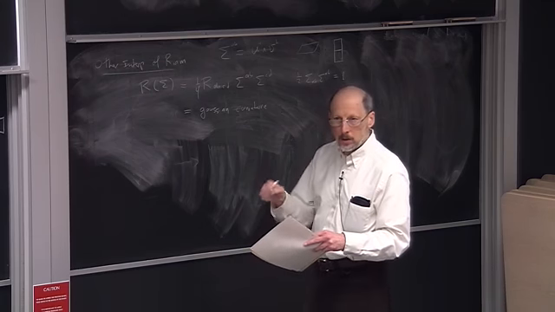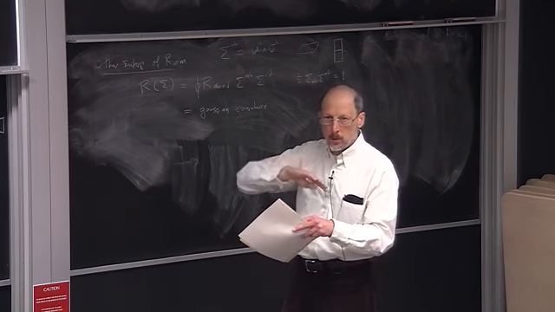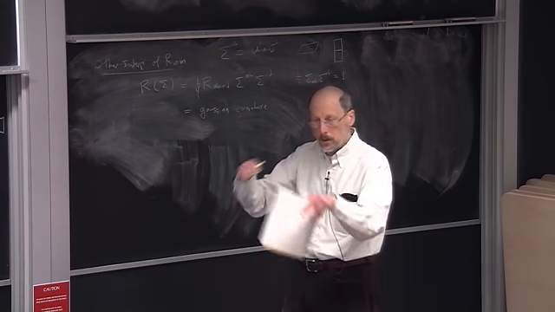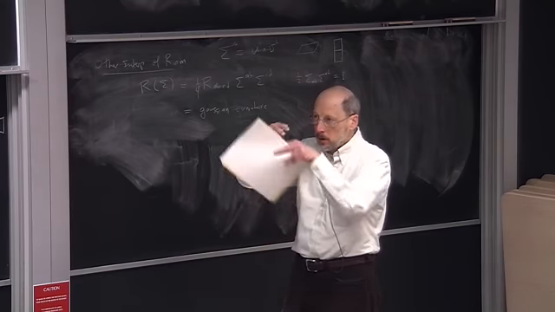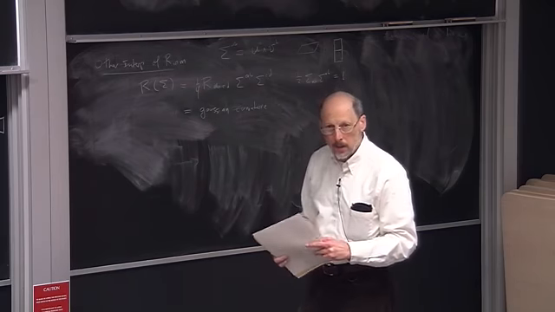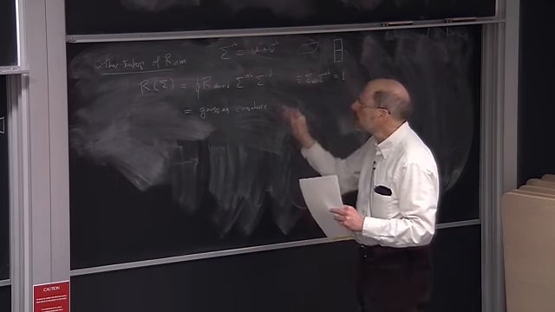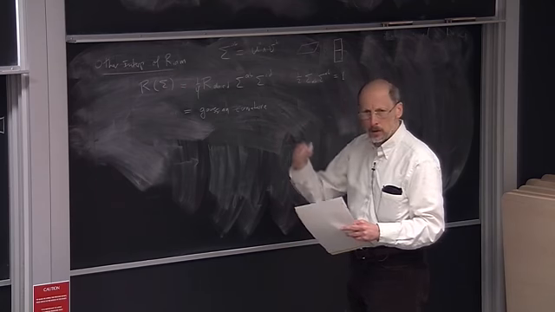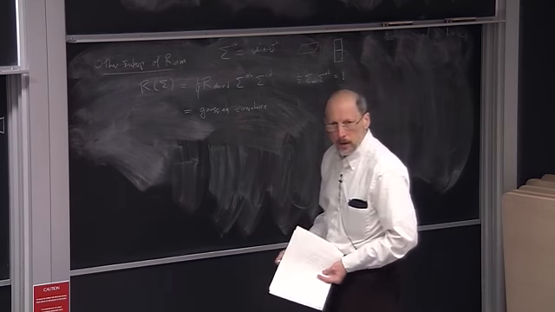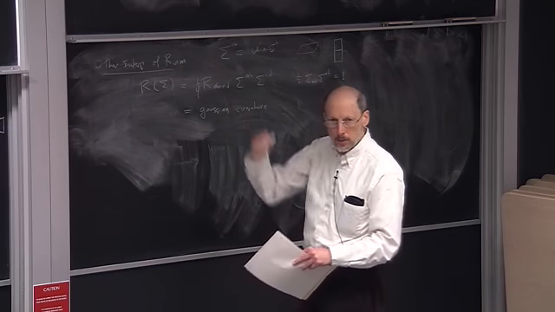But extrinsically, it has two radii of curvature. It could be more curved in this direction and less curved, or it can curve up in one direction and down in the other direction, like a saddle. And I think what's called the Gaussian curvature is the product of those two radii of curvature, with a minus sign if they're in the opposite direction.